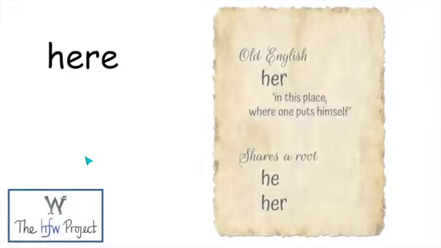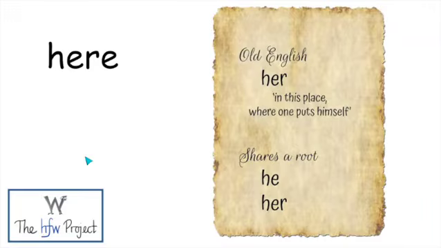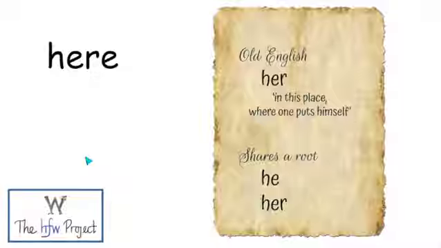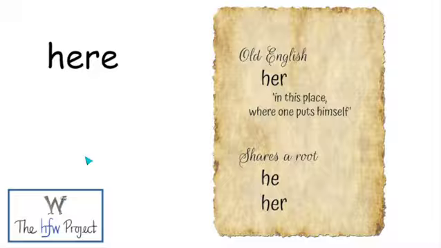When we look at the word here, when we go back in time into the Old English, we see her. Now, this is not the same as how we use the word her now. We're not talking about a female as a pronoun. In this time, in Old English time, we were talking about this place where one puts himself.